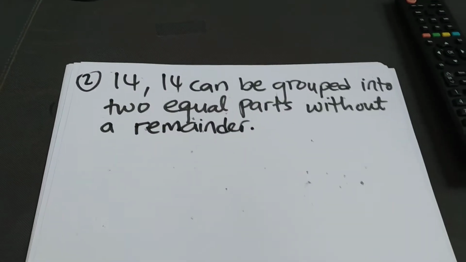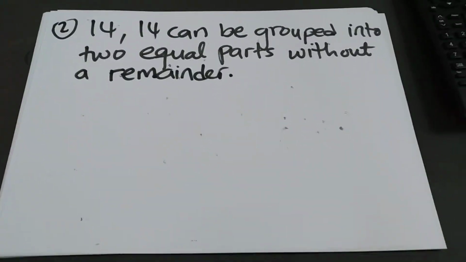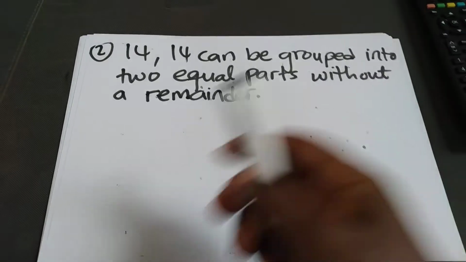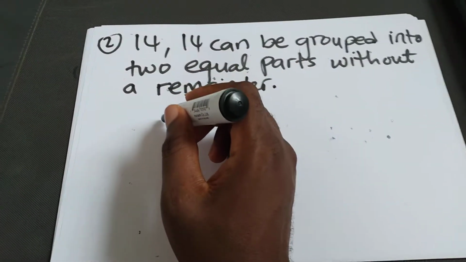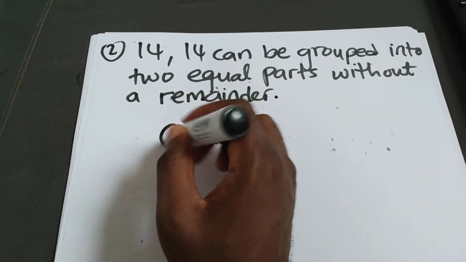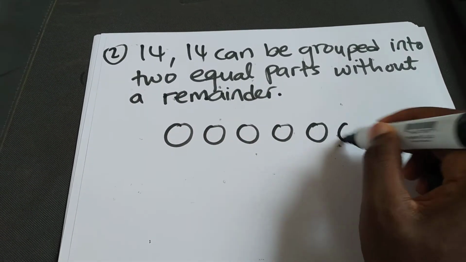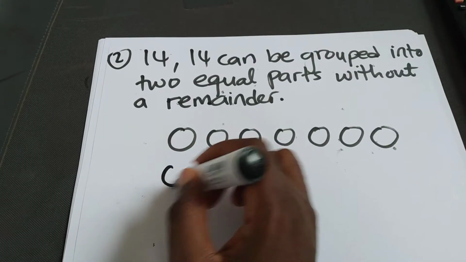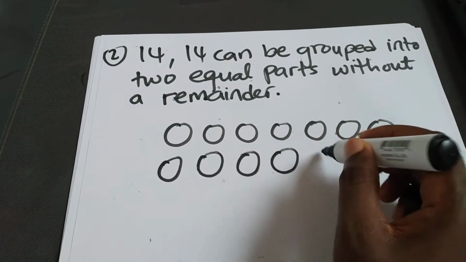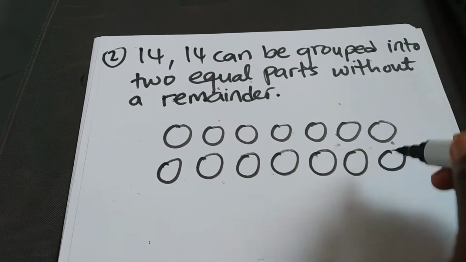Let me quickly use some models to explain what I have written down. So for example, you can have 14 circles. 1, 2, 3, 4, 5, 6, 7, 8, 9, 10, 11, 12, 13, 14.